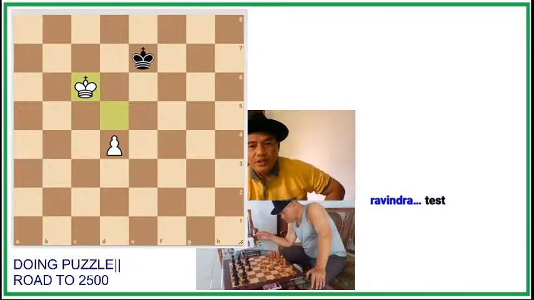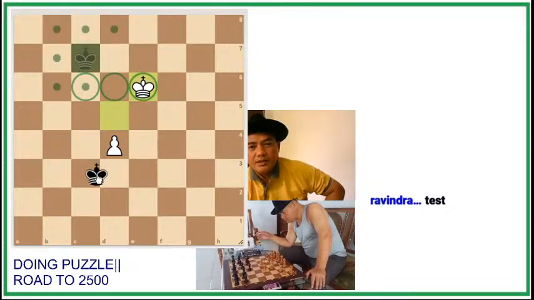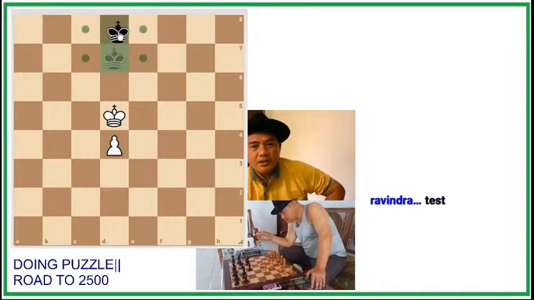And for example, if black goes here, then white can go to this key square, and wherever black's king is, it's also a win. If white, for example, moves back, white can occupy this key square.